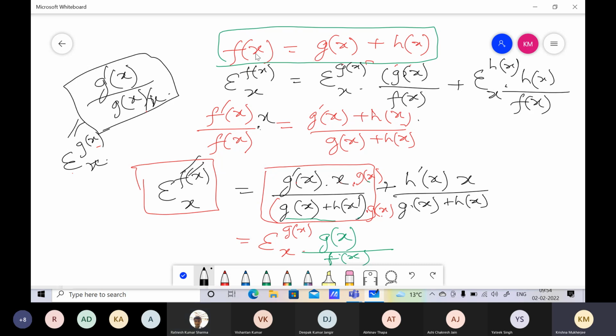So when you have summations, the elasticity of the sum is equal to the elasticity of this function multiplied by this function itself divided by the total function, plus the elasticity of the other function into that function itself divided again by the whole function. Okay, and similar rules with subtraction.